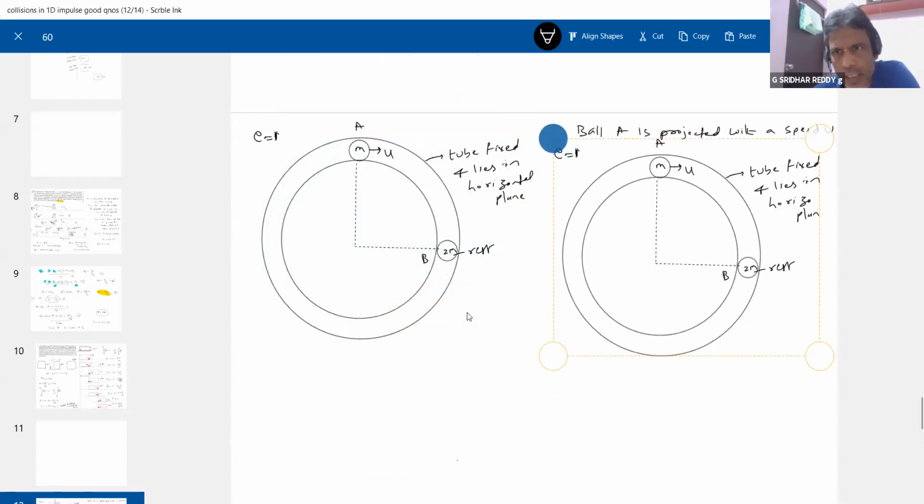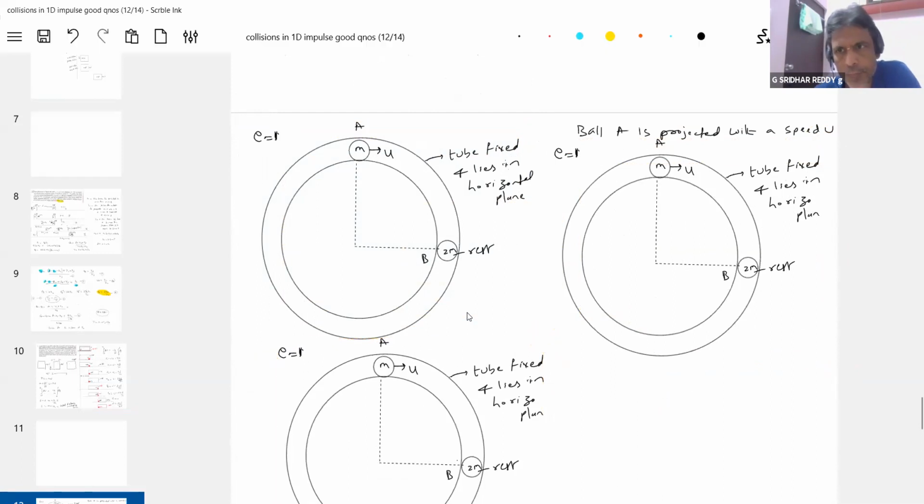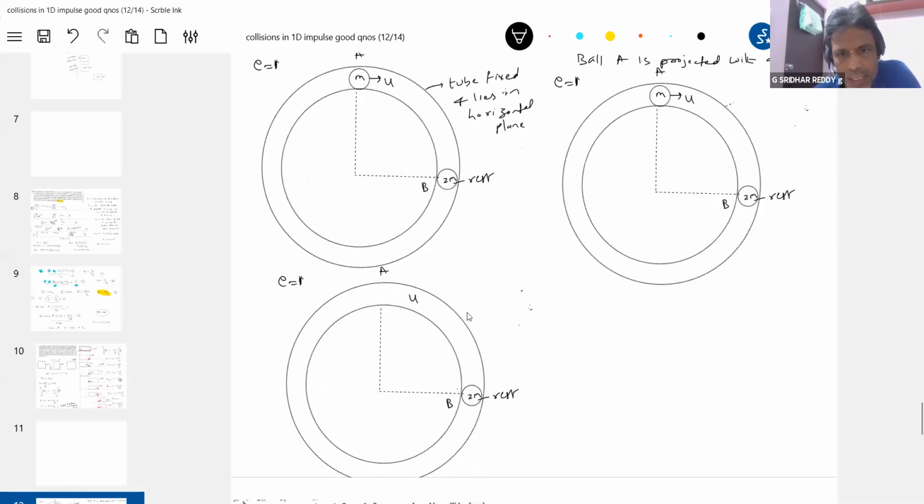Just try to analyze. Meanwhile, I'll adjust the diagrams. So first, what happened? The ball B is at rest. The tube is fixed here. It's a fixed tube. Only thing is we are making the balls move in one specific direction.